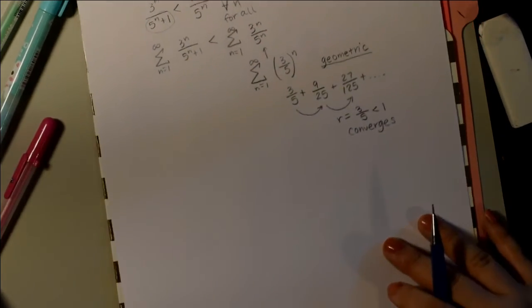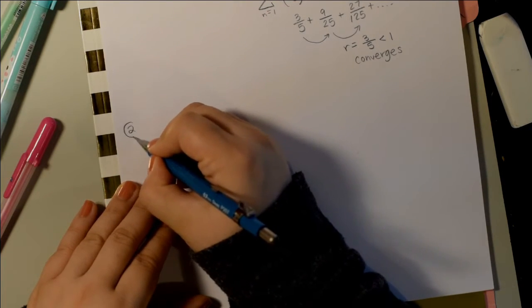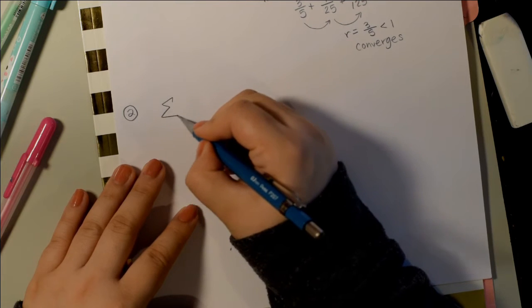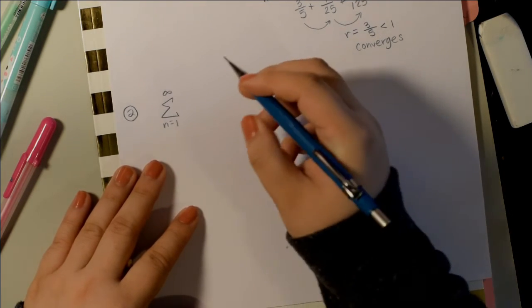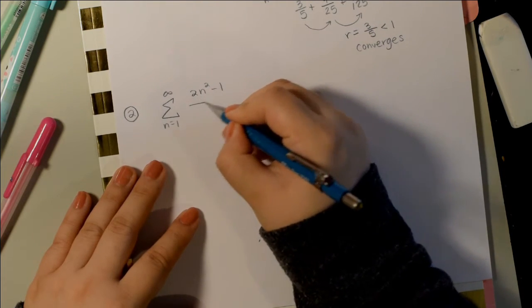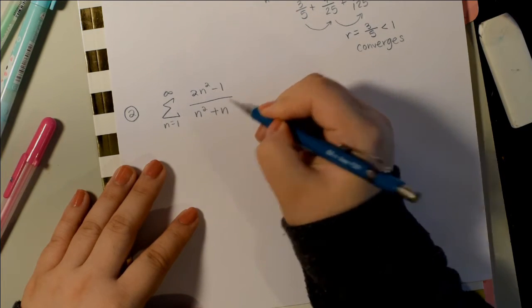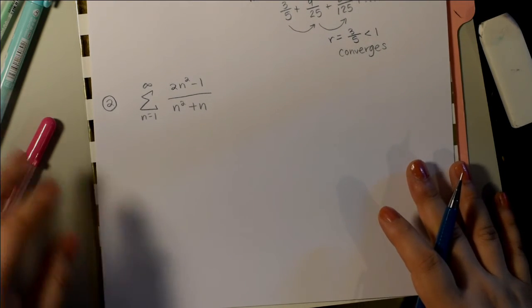So let's move on to number 2. Number 2. How about 2n squared minus 1 over n squared plus n? What do you think?